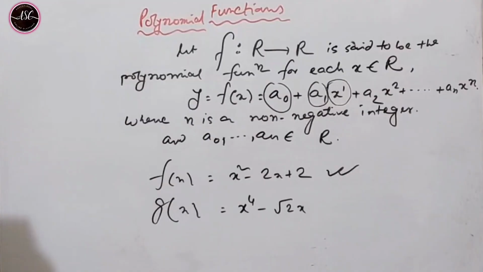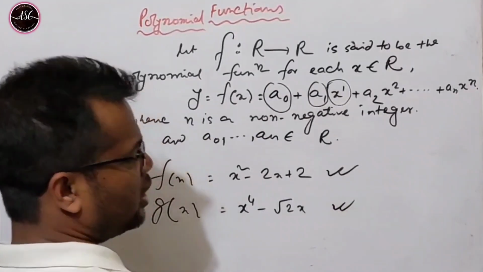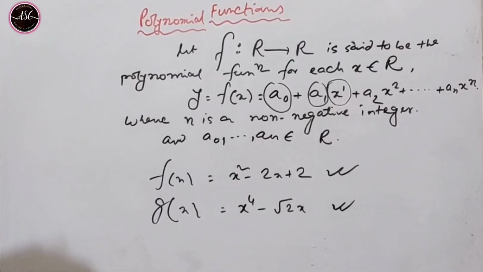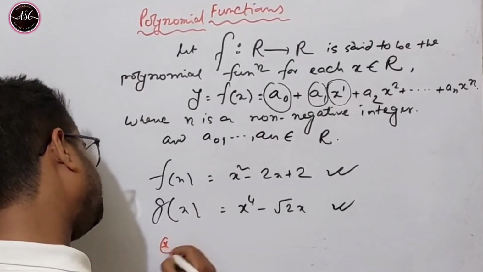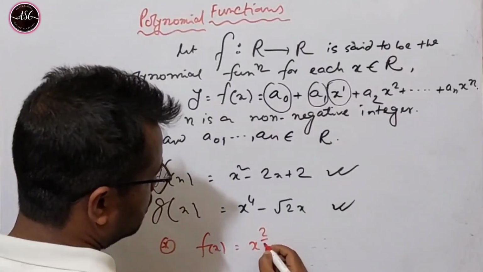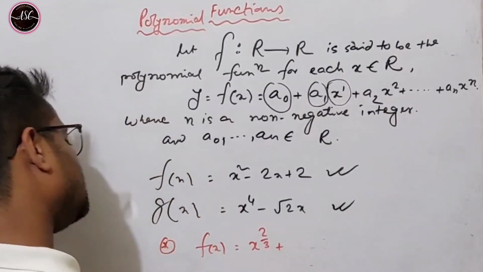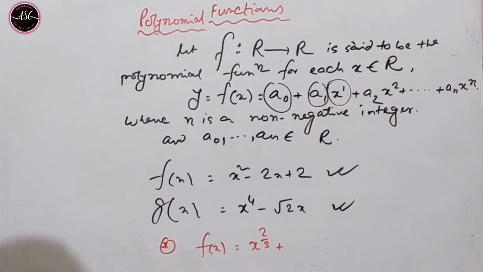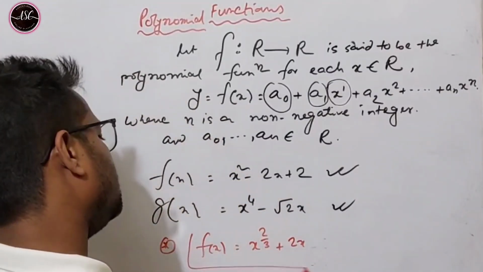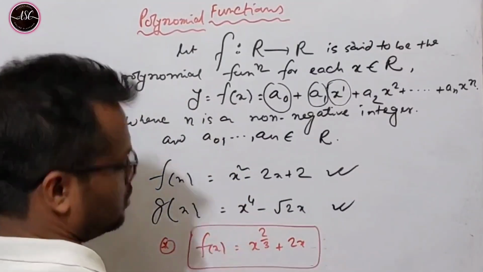Okay, this is also a polynomial function. Now let a function f(x) equal to x to the power 2/3 plus 2x. This is a function given.